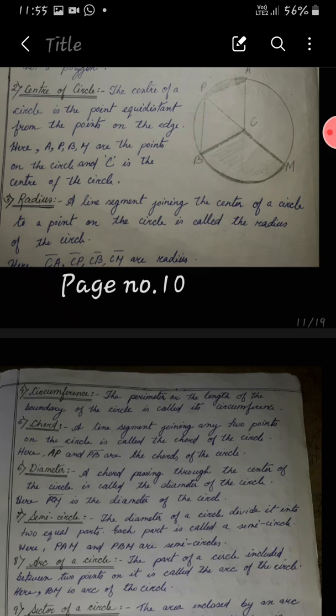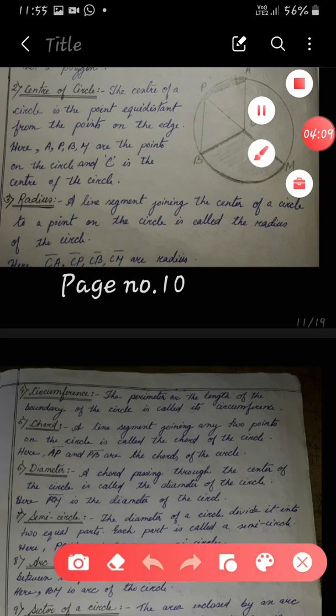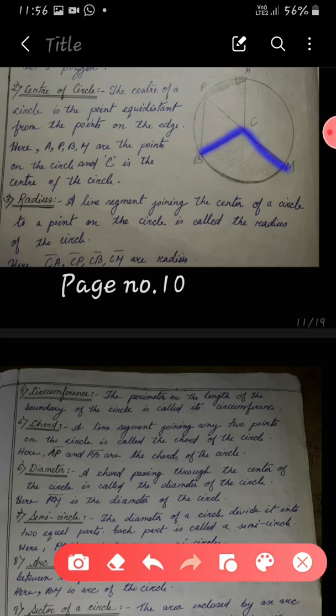This is a bit dark, I have not drawn it properly. You might have understood or not, I don't know. See, this AC line is a bit light, PC line is a bit light, PB line is a bit light, but this BM line I have drawn a bit dark. That means this BM is called an arc. Okay.